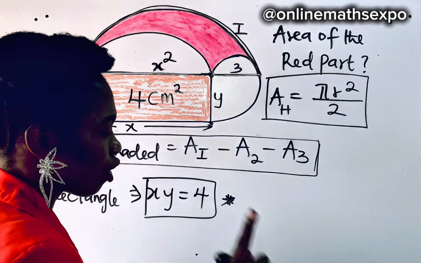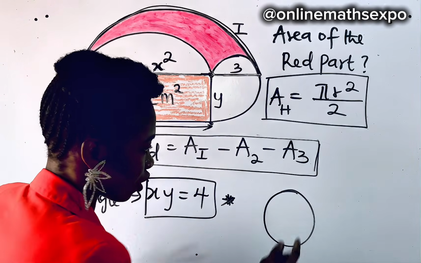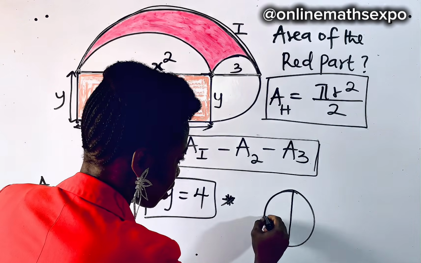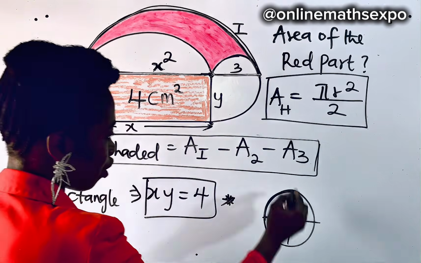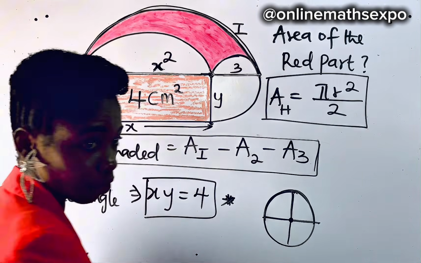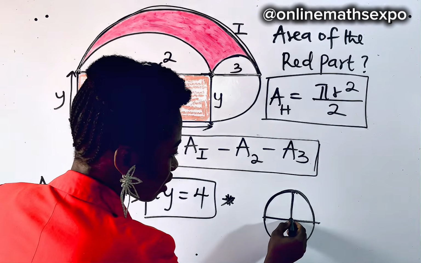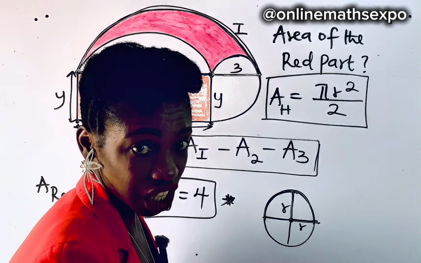And you remember, whenever you have a quarter circle, you see that this is your quarter circle. When you bring this part out, you notice that this is the center of the circle. And if this is the center, this becomes the radius, and the radii are always equal.